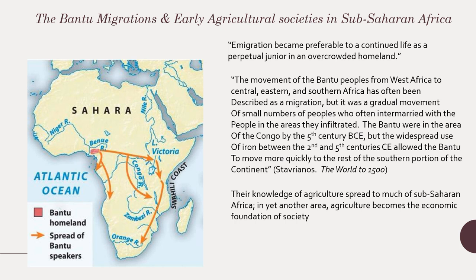The Bantu were in the area of the Congo by the 5th century BCE, but the widespread use of iron between the 2nd and 5th centuries CE allowed the Bantu to move more quickly to the rest of the southern portion of the continent. The Bantu people's knowledge of agriculture, in my own words here, spread to much of Sub-Saharan Africa, and again, they picked up agricultural knowledge from the peoples they ran into as well.